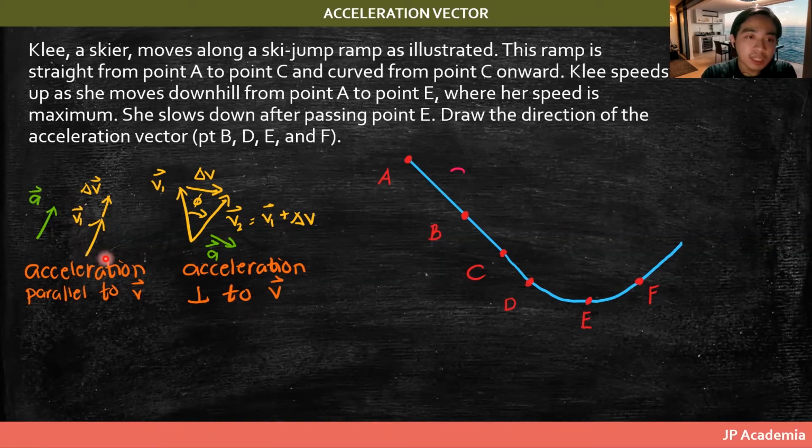Ngayon, for first illustration, so this is the acceleration parallel to v. Kung mapapansin natin, this is aligned or in parallel with your v or with your velocity vector, and this only changes the magnitude of the velocity for this case. Ibig sabihin, yung direction ay same pa rin.